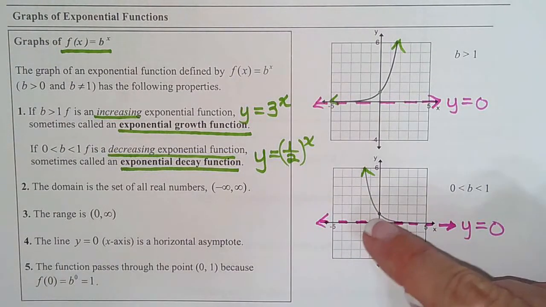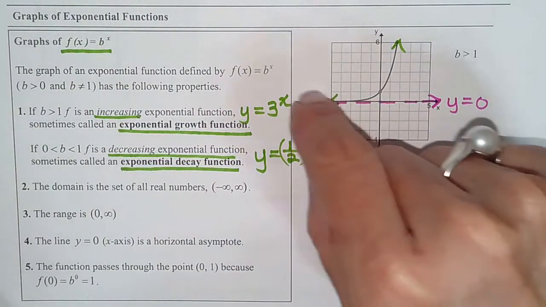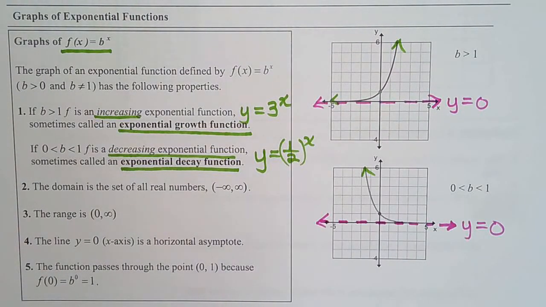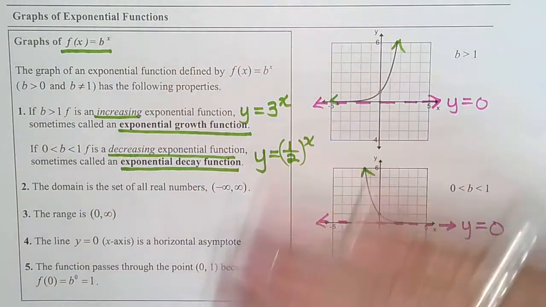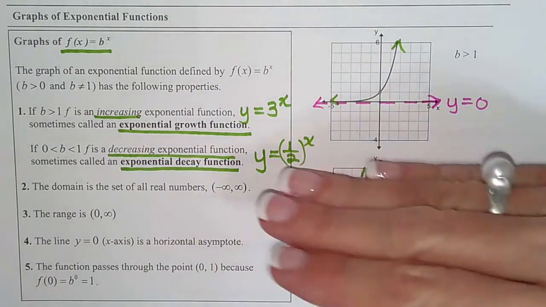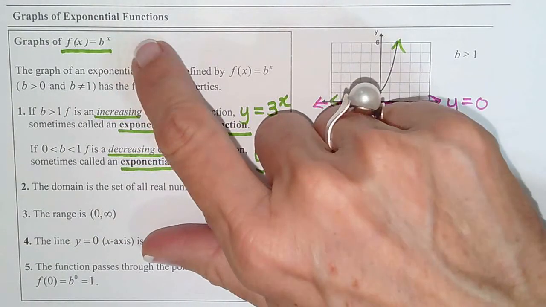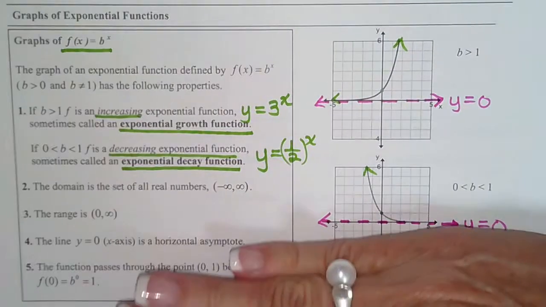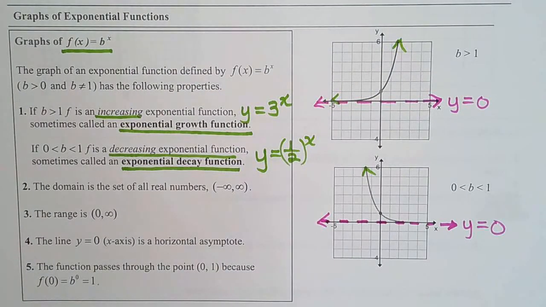The graph just slides right along that horizontal asymptote. If there was a +1 at the end, the asymptote would be y equals 1 because that raises it 1. But without a number added at the end, the asymptote will always be y equals 0, and it's called a horizontal asymptote.